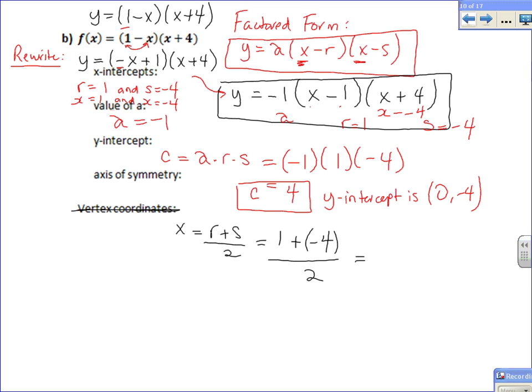Let's clean that up a bit. 1 plus -4 is the same as 1 minus 4 over 2. 1 subtract 4 is -3 over 2. That negative can come out front, and 3 divided by 2 is 1.5.